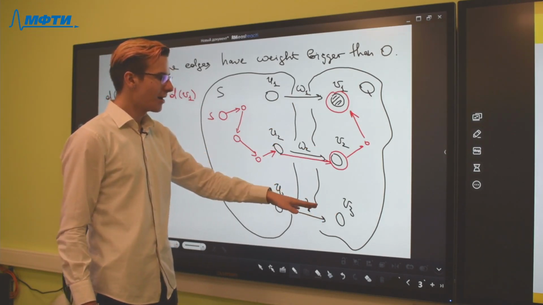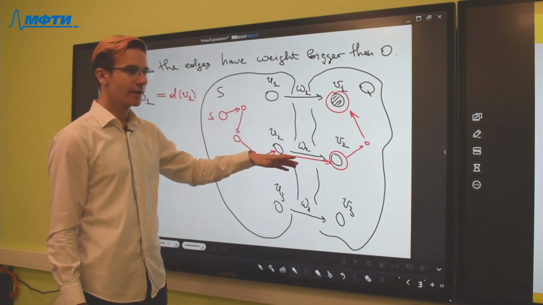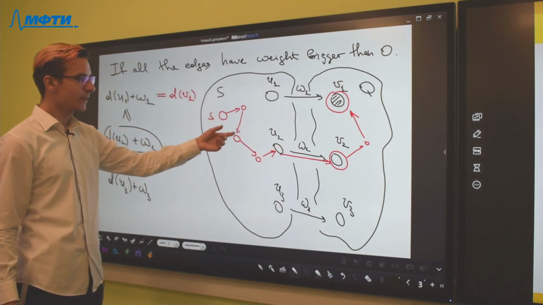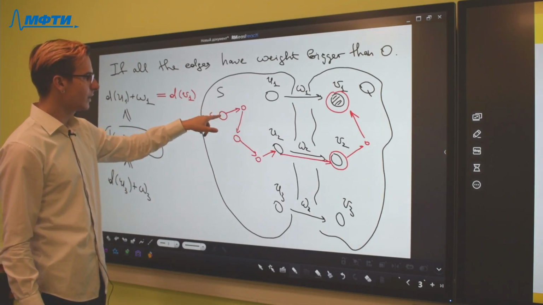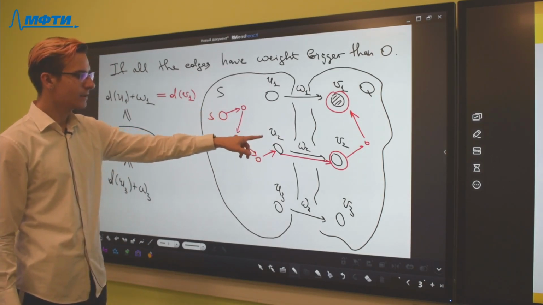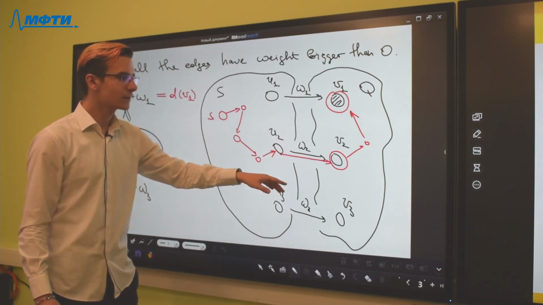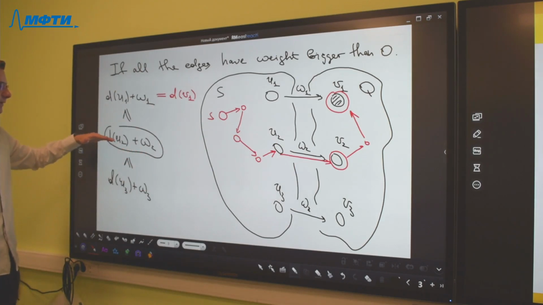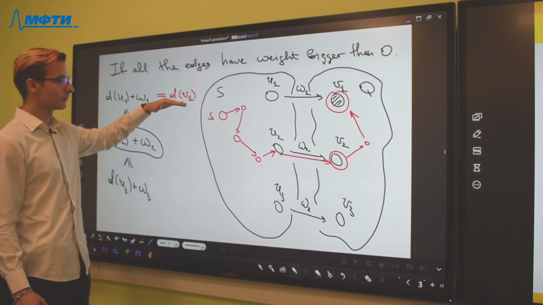Yeah, but if it contains these edges, then the weight of this path will be bigger than the distance from S to U2 plus the weight of this edge. So it will be bigger than this sum, and then it will be bigger than d of v1.